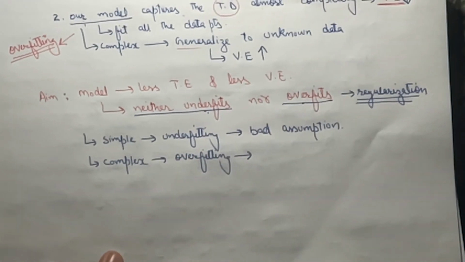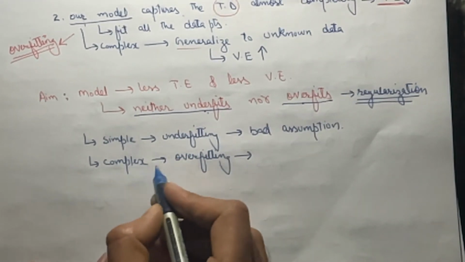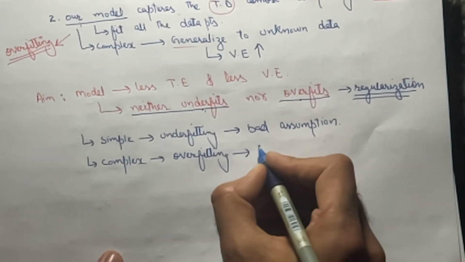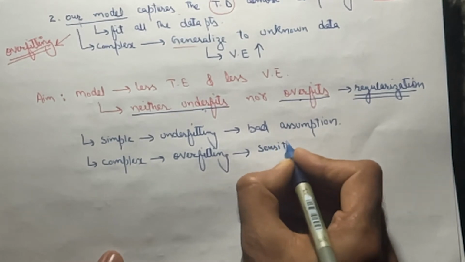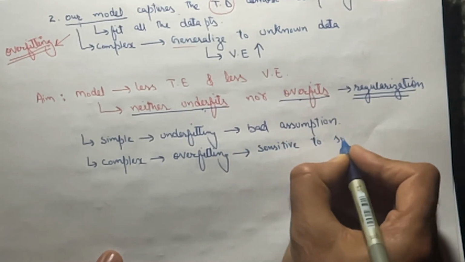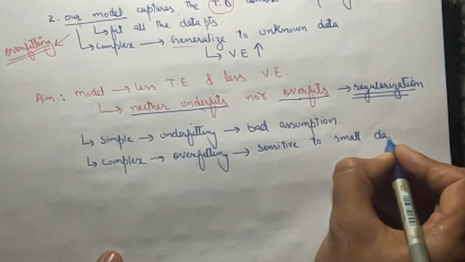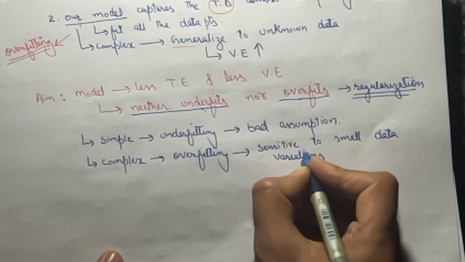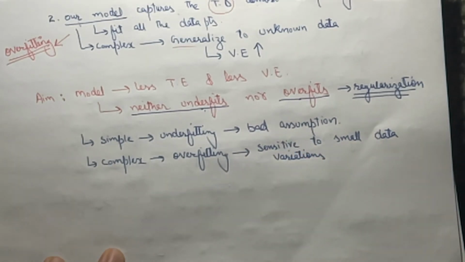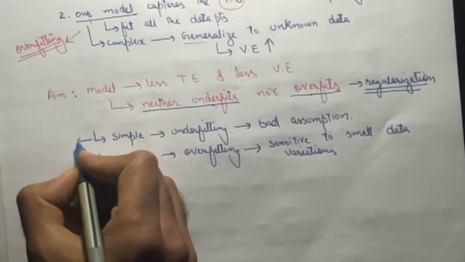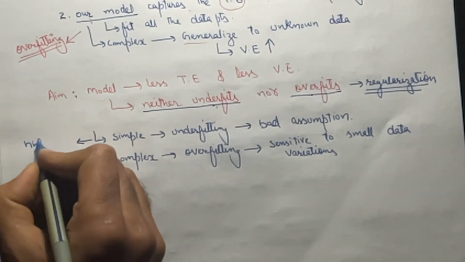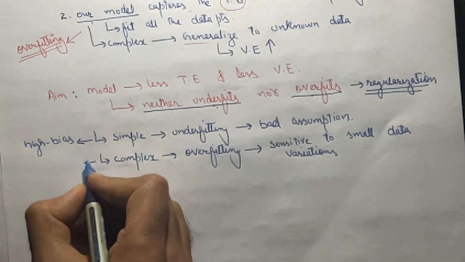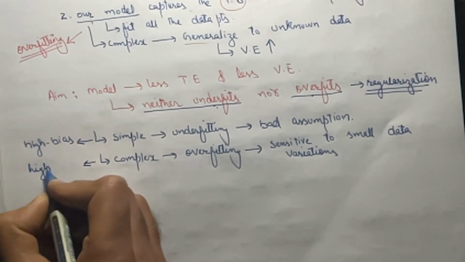Now if there is some variation in the training data set, it will result in errors. So this particular model is sensitive to small data variations. These models are also called high bias models, and these are high variance models. I will show what this bias is.